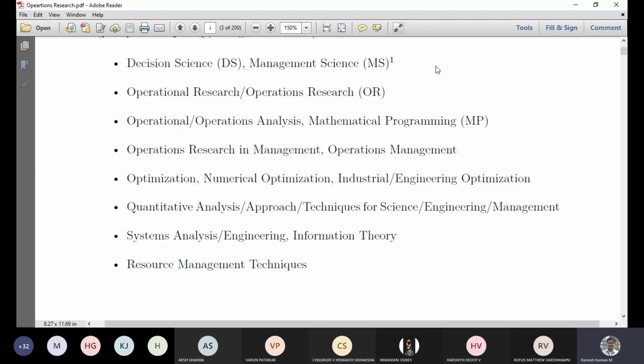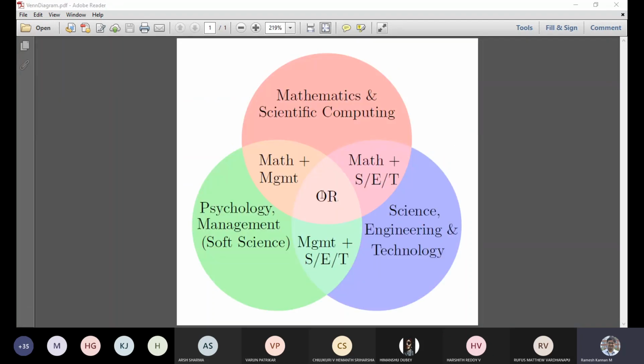So this is basically the overview of operational research in diagram format. OR stands for operational research. What are the different components that influence OR is what we can discuss here. There are three prime areas.